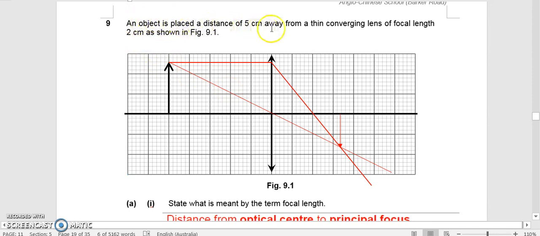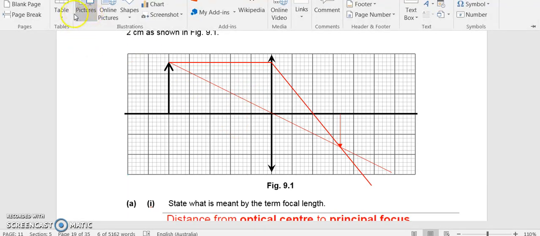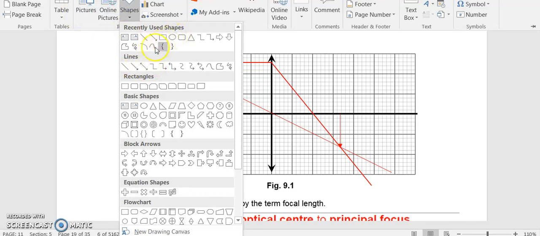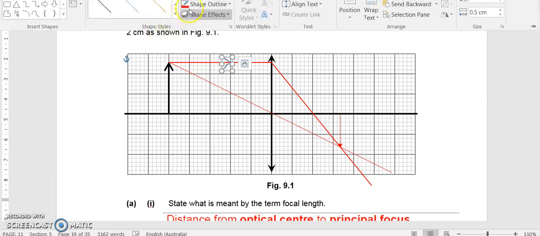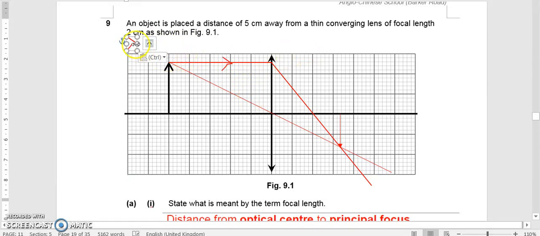Okay, so what's wrong here? An object is placed at distance 5 cm away, so you've got the focal points here. Okay, there's one thing I forgot to draw. Can you guess what it is? Yep, you guessed it. It is nothing more than my arrow. Let me try to fit it in.